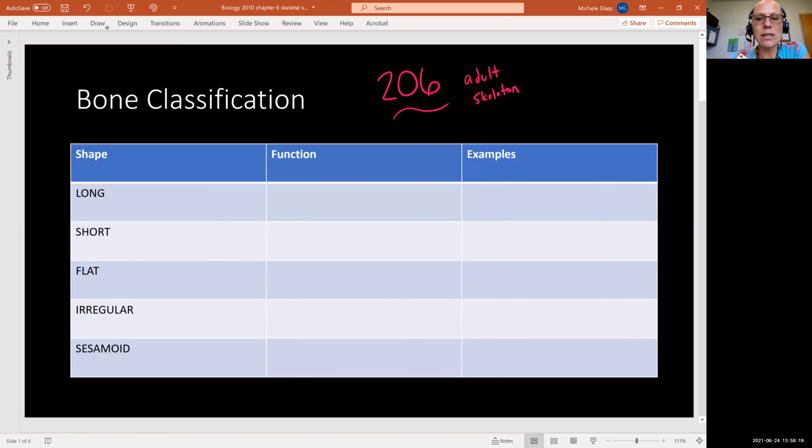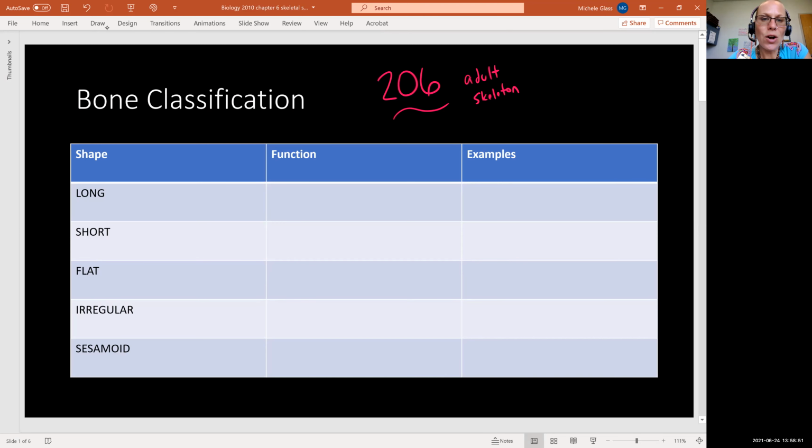Now, I'm going to suggest that you organize your notes like the table I've presented here. So I have 3 columns and 6 rows. I have one column called shape. And underneath, I have the 5 different classifications: long, short, flat, irregular, and sesamoid, with some space to write a little description of each of those.